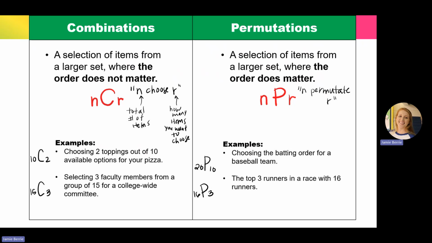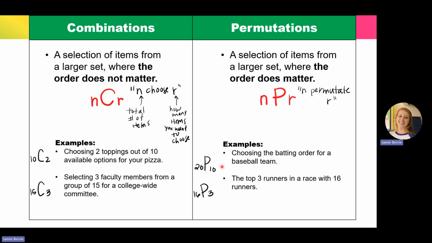All right, so all of these combinations and permutations, they're just counting up the number of ways that you could make that choice. So if I calculate 10 choose 2, that's going to tell me all of the different combinations of 2 topping pizzas that I could have come up with. And then if I do 15 choose 3, that's all of the different groups of 3 faculty members that I could have selected for that committee out of my 15 choices.